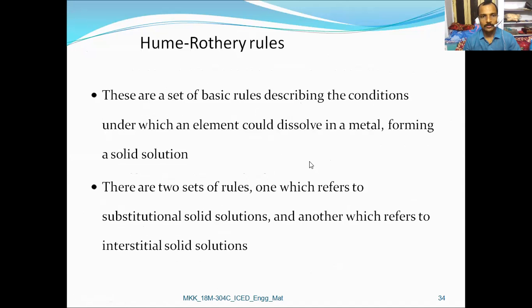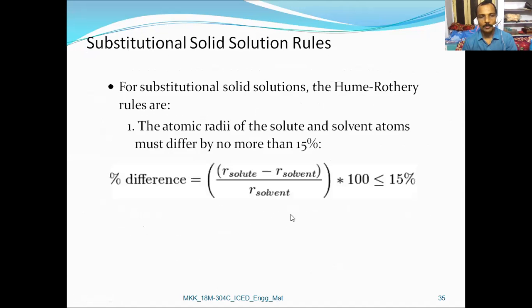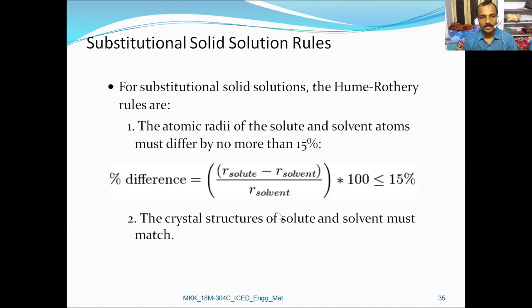So we discussed the Hume-Rothery rules for substitutional, having the formula: percentage difference equals (R solute minus R solvent) by R solvent into 100, which should be less than or equal to 15%. That is the first rule.